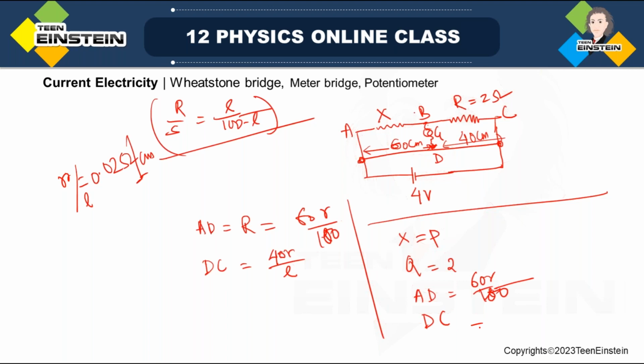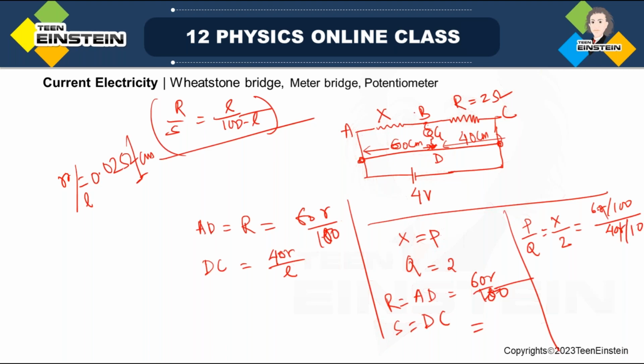And this DC is S. We have got P and Q, then AD is R and DC is S. So I'll be using P by Q is equal to R by S. P by Q means X by 2, and R by S is 60 R by 100 over S, which is DC, 40 R by 100.